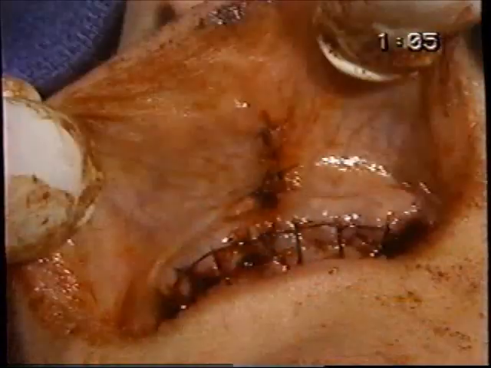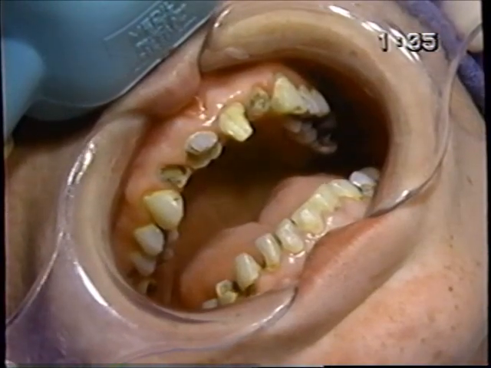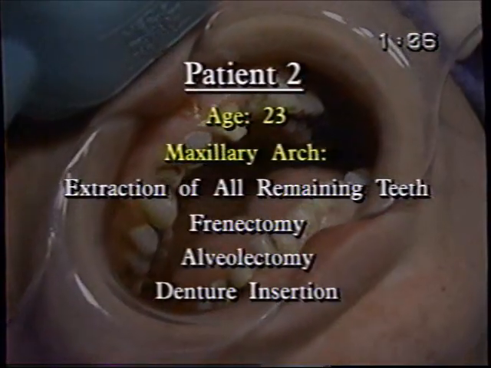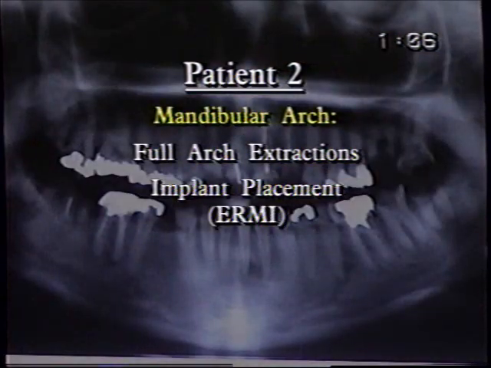Suction, please. Chandel is a 23-year-old young lady that has an unfortunate dental history. We can see the bombed out second molar, multiple carious lesions on the top.